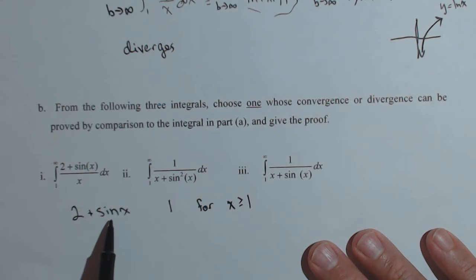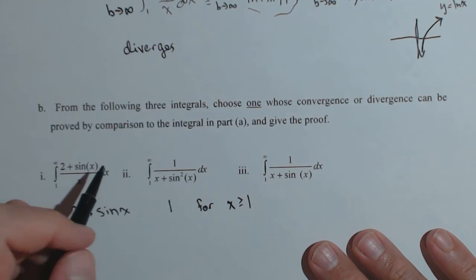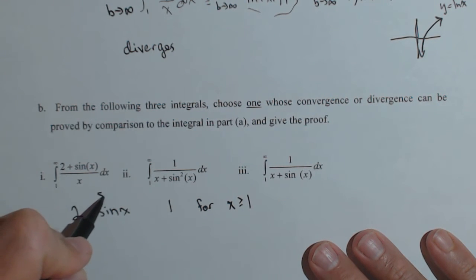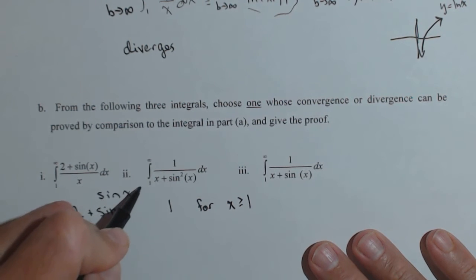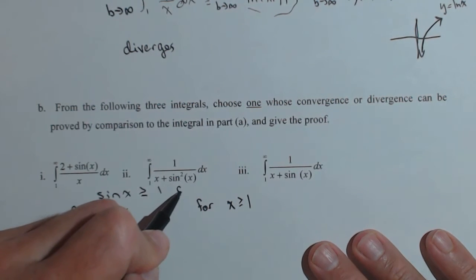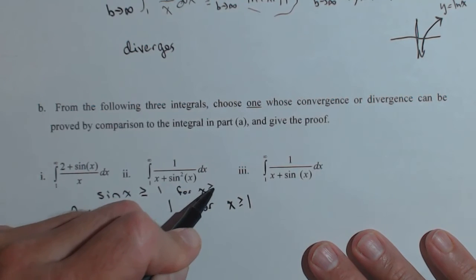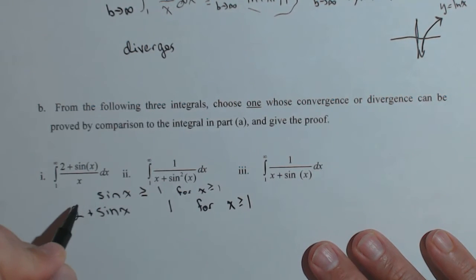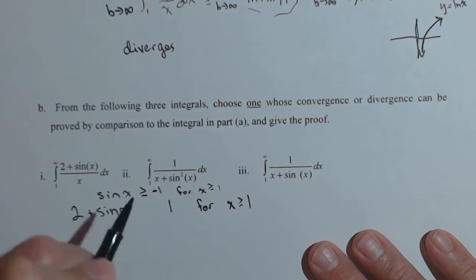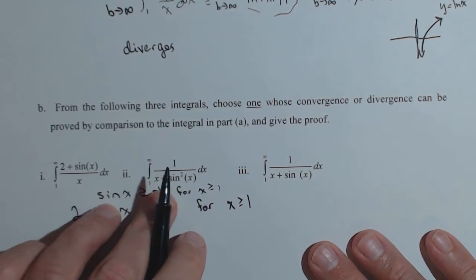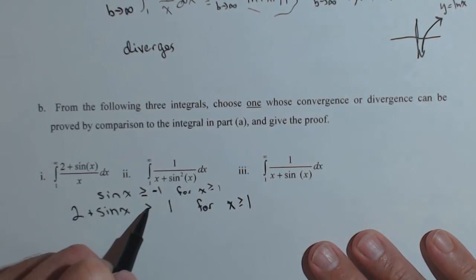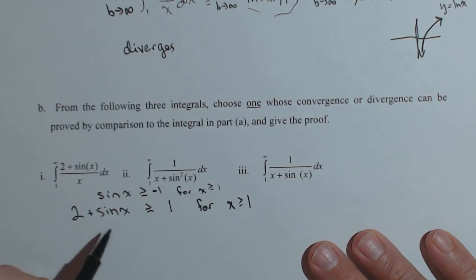Well, sine of x is always bound in between -1 and 1. So we know that sine of x is always less than or equal to 1 for x greater than or equal to 1, and greater than or equal to -1. Now add 2 to both of those, and we get this statement.